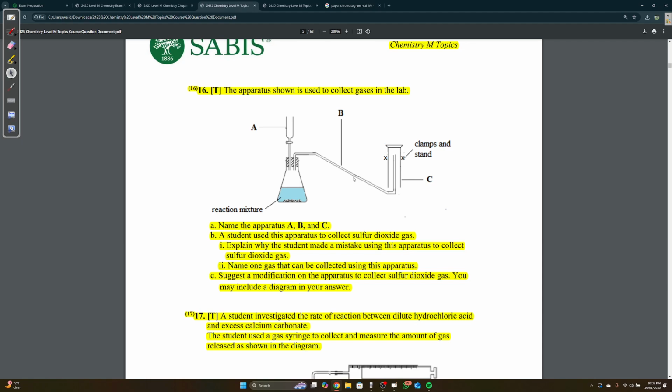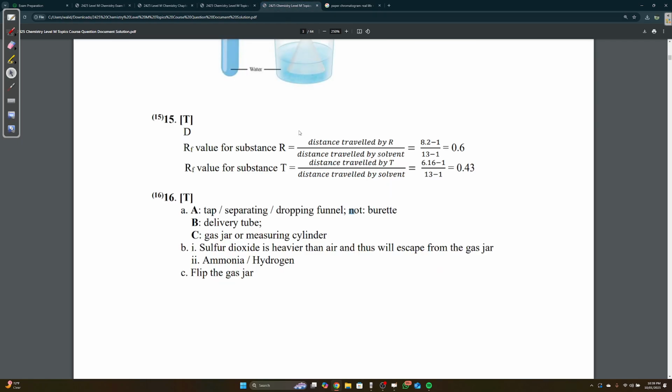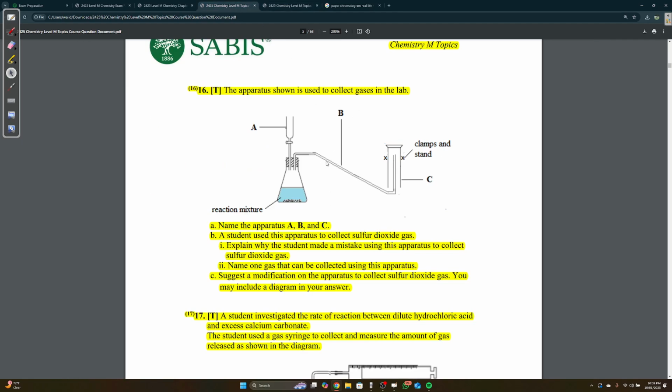Focus on the tops for your written, guys. So this is a dropping funnel, okay? Tap funnel, okay. B would be, said delivery tube. Yeah, delivery tube. Of course, I can guess that makes sense. So the gas, I figure should come, or no, it's a reaction happening. Reaction mixture.